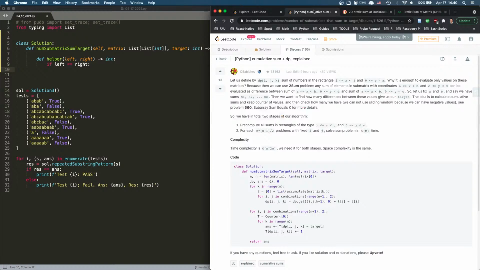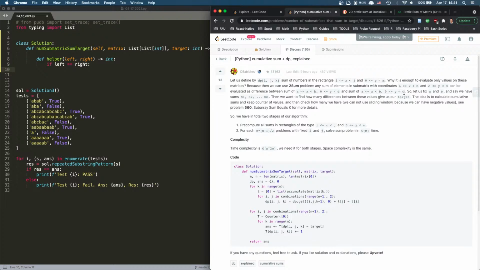Still no good. All right, try this one. Defined by DP, this is the sum of numbers of rectangles, this and this. Why is it enough to evaluate only values on these matrices? Because we can use the two sum problem. Any sum of elements in a submatrix with coordinates this and this can be evaluated as the difference between the sum of this and this and the sum of this and this.